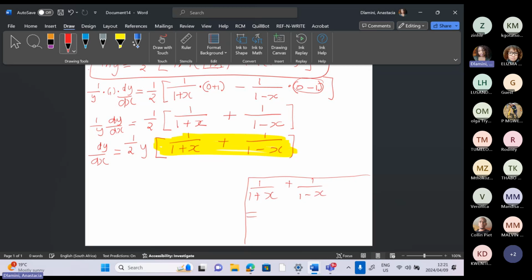This is equal to what? We look for a common denominator. So what is the common denominator? Our common denominator is open brackets 1 plus x, and then close, open brackets 1 minus x.